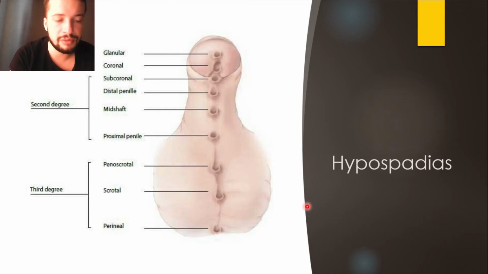It has three major components in various combinations: abnormal ventral opening of the urethral meatus, ventral curvature of the penis, and hooded foreskin with ventral deficiency.